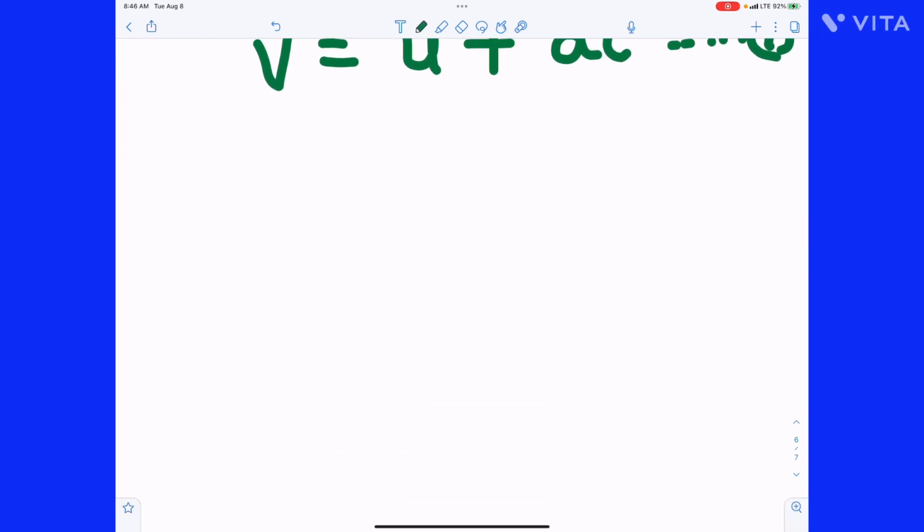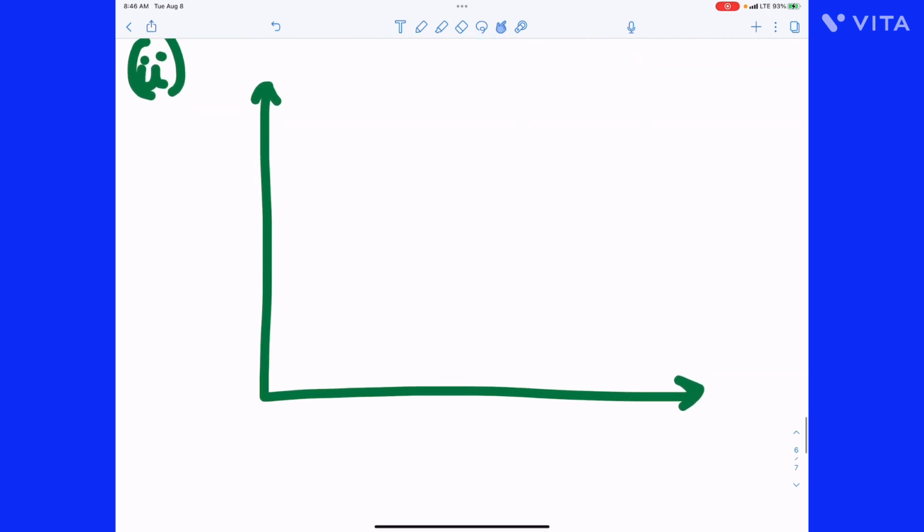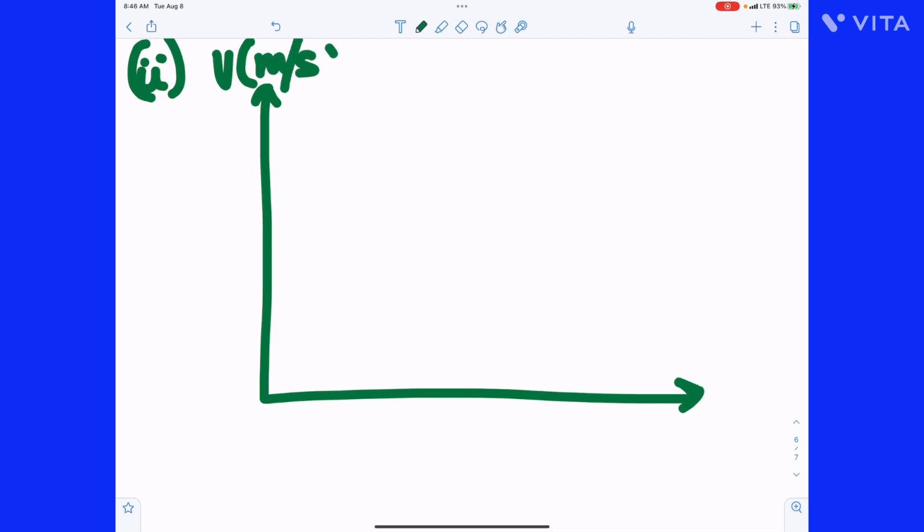Take note. Equation 2 is gotten from the velocity time graph. This is a velocity time graph. So let's say this is velocity in meters per second.